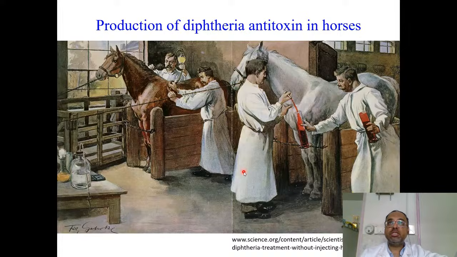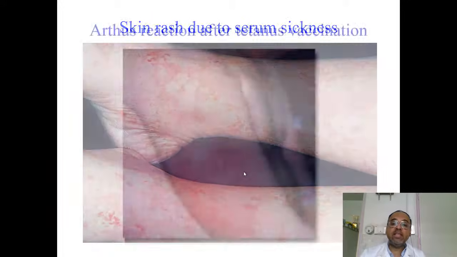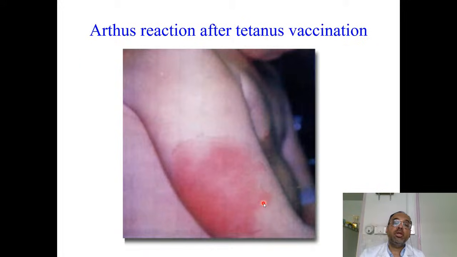And passive immunotherapy usually has therapeutic applications after the person has got diphtheria or tetanus or maybe a snake bite, a scorpion sting or a spider bite. You will give them the anti-serum to treat them. But in the case of vaccination, it's a preventive measure, and it's an example of active immunotherapy. So the person's own immune system gets activated.